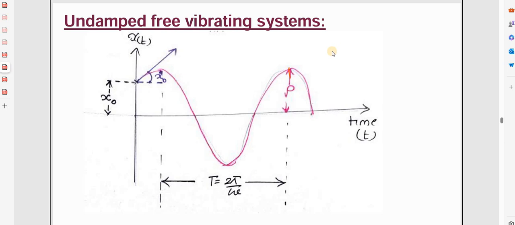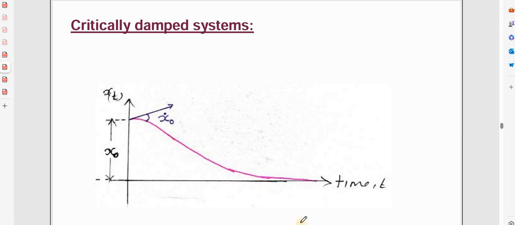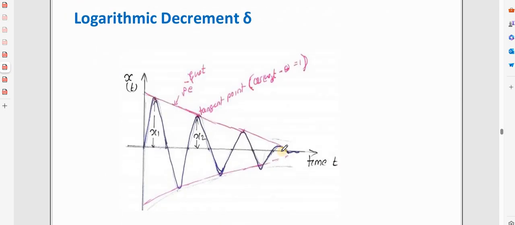The time period is equal to 2 pi by omega, as the figure shows. This is a case of a critically damped system. Now another new term is there, the last term which we will be studying today, logarithmic decrement, that is delta. Here you can see this is the case of a damped system.